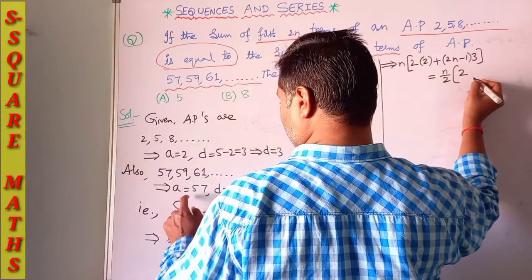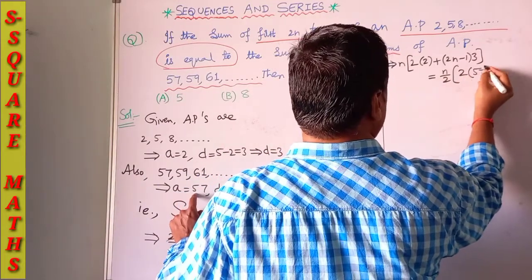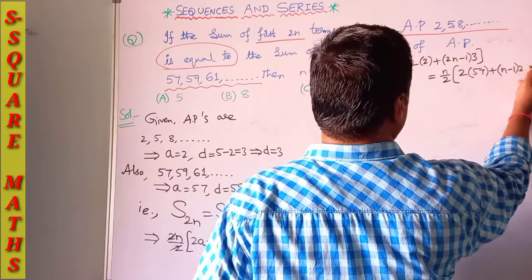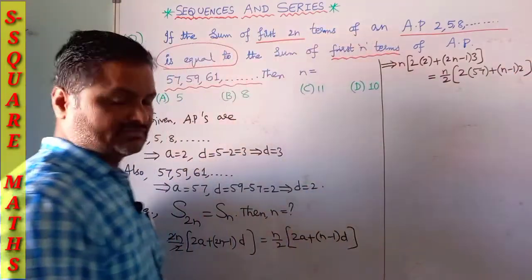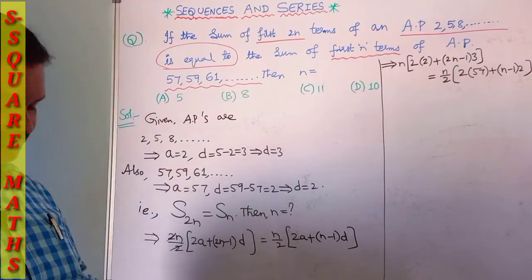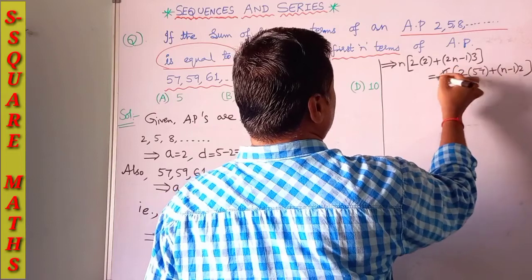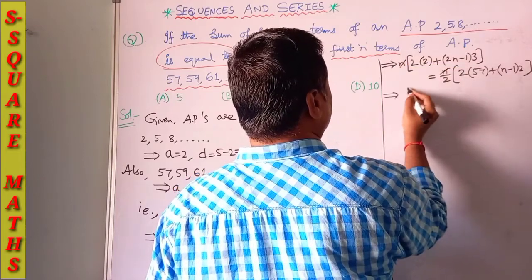So 2 into a, which is 57, plus n minus 1 into d, which is 2 here. So next, to continue this one, n shifting this side means becoming division, n and n get cancelled here.